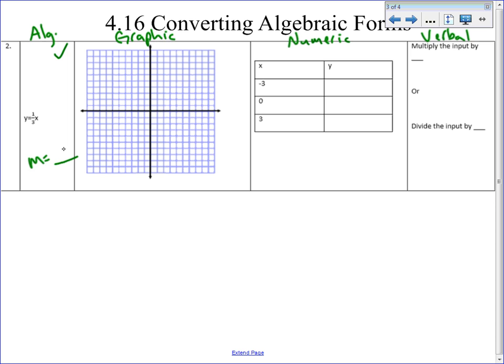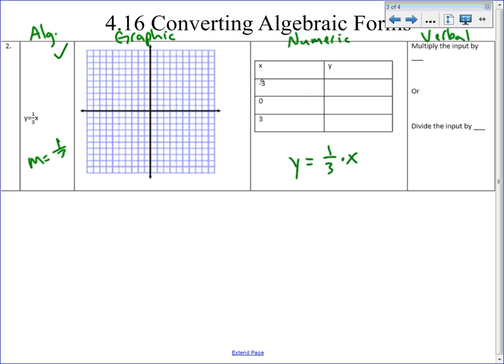So since algebraic this time is what they gave, we should be able to look at this number right out in front of x, and that is going to be our slope. So our slope is 1/3. Okay? We also know the equation y equals 1/3 times our x value. So we can apply that over here.